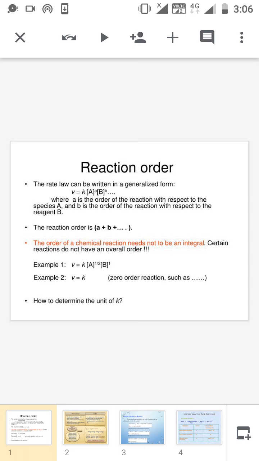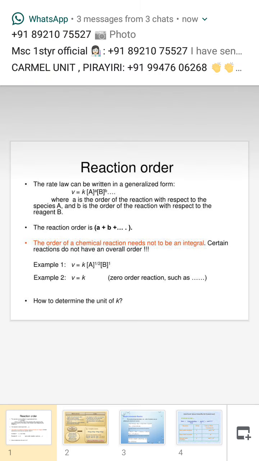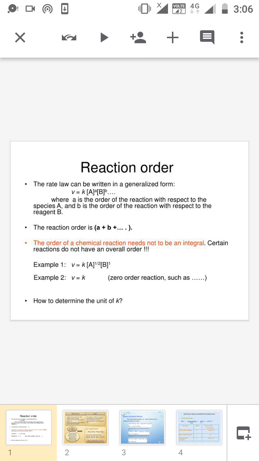And the order of a chemical reaction need not be an integer. It may be zero or a fractional order, etc. Certain reactions do not have an overall order; we will discuss that later. One example of fractional order: the rate, expressed as V, is equal to K into concentration of A to the power half into concentration of B to the power 1.